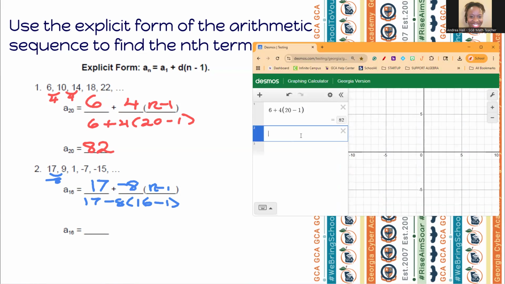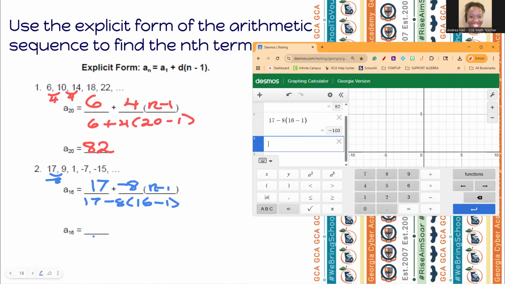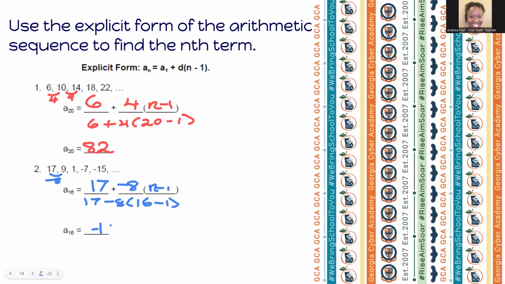So I'm going to say 17 minus 8, parentheses, 16 minus 1, close parentheses. Make sure I did that right. And my answer is -103 for the 16th term.